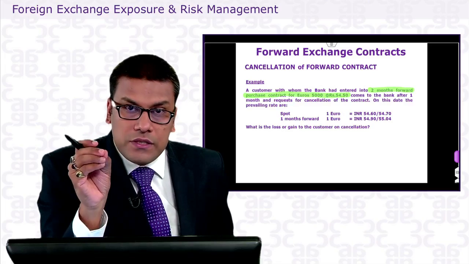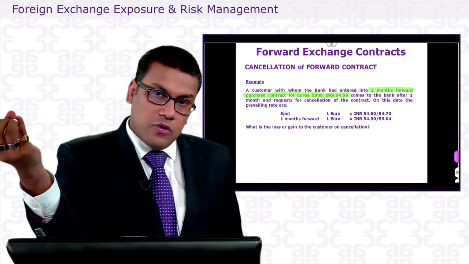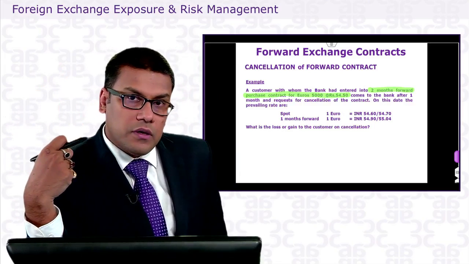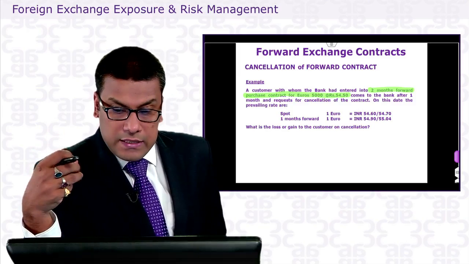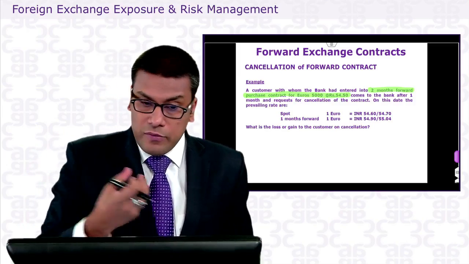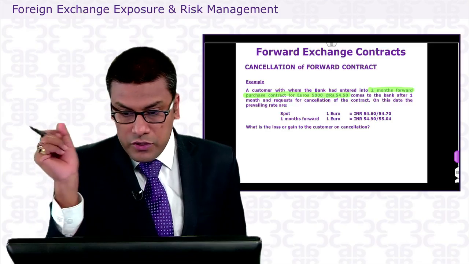So after 2 months, you are going to purchase euro. The bank has already got a sell contract with the market, so the bank would purchase euro from you as a forward purchase contract, meaning the bank purchasing from you. So the bank would take euro from you and give it to the market. That is what the main transaction was.